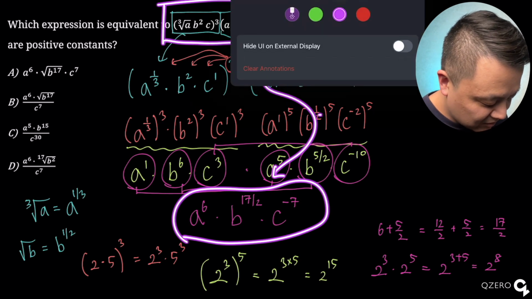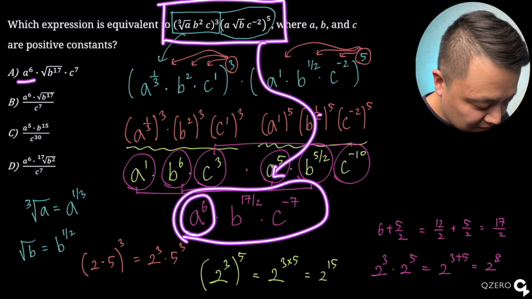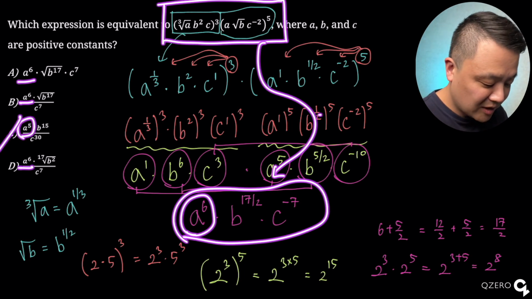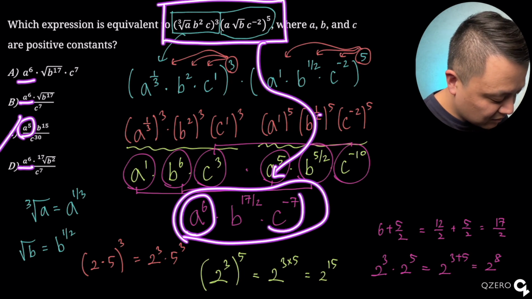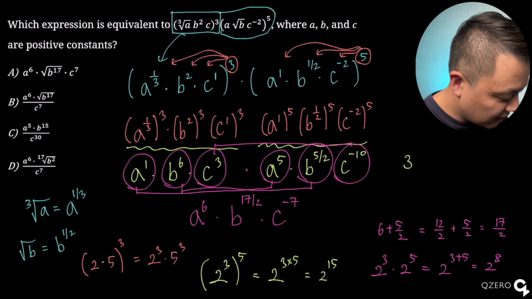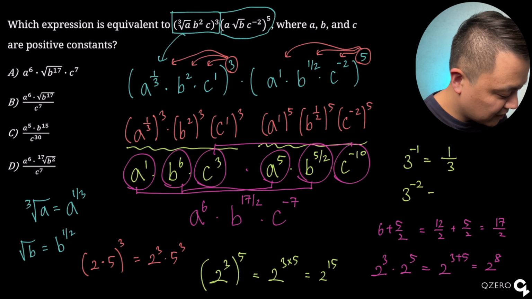We have a to the power of 6 here, a to the 6, a to the 6, a to the 6. Nope, this one has a to the 5, so we can eliminate that one. And we have c to the power of -7. Let me explain. Whenever you have a negative power, that's the reciprocal of the original power. So if you have 3 to the power of -2, then you can split that into 3 to the 2 to the power of -1.